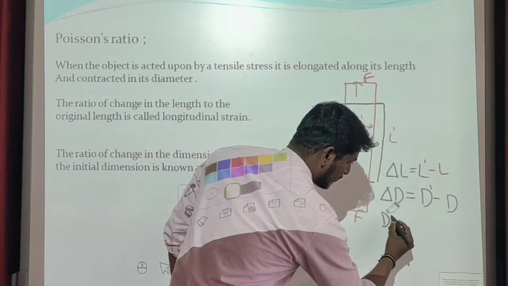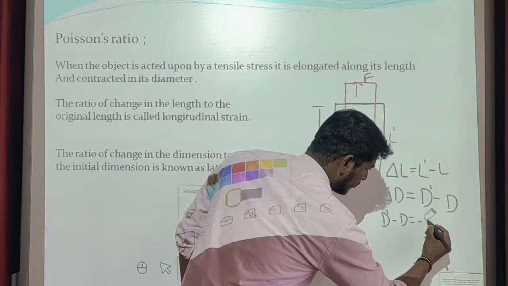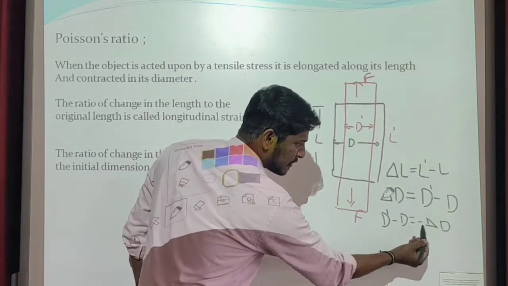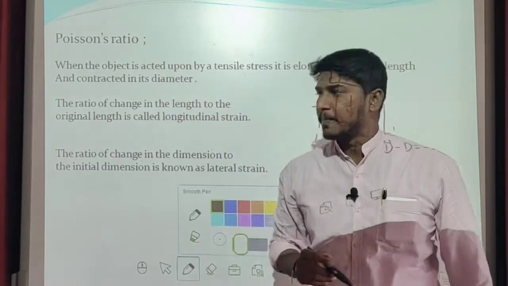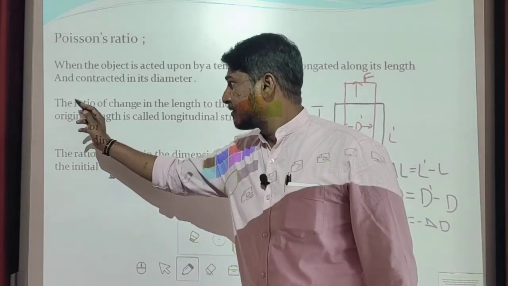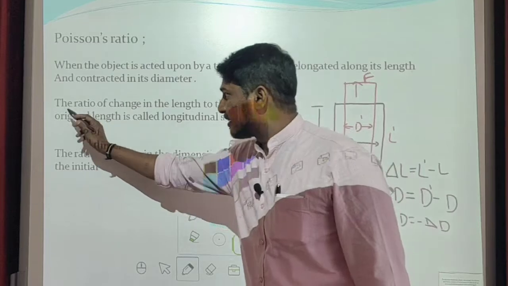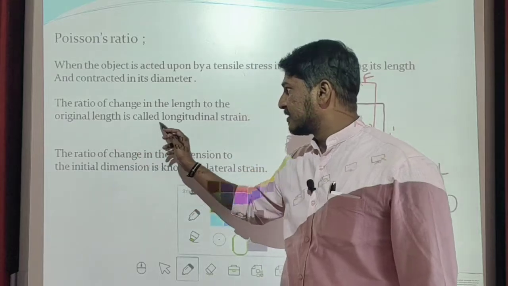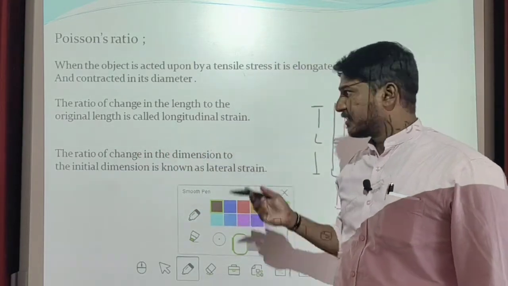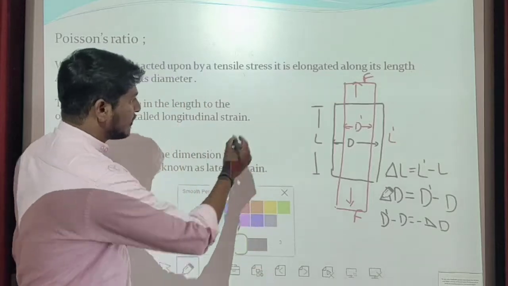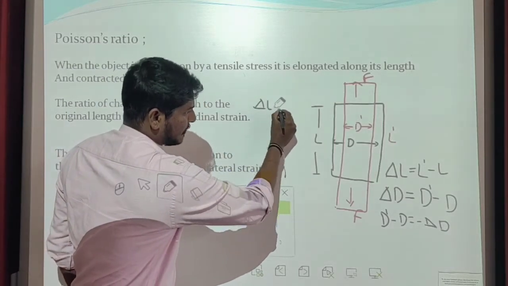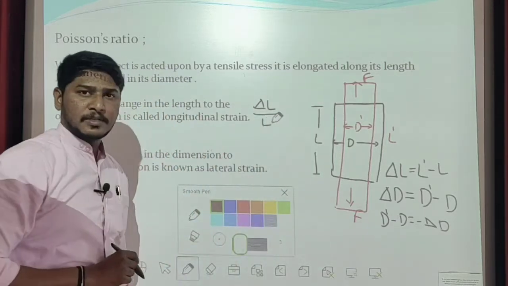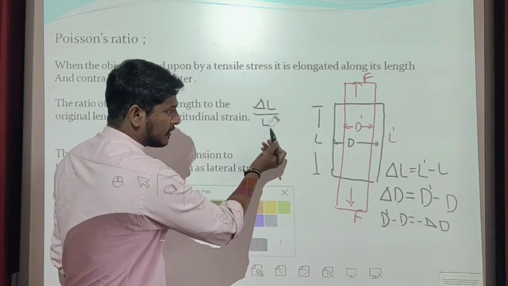So D dash minus D is equal to minus delta D, because the change in dimension value is negative. Here we define longitudinal strain: the ratio of change in length to the original length is called longitudinal strain. That is, change in length is delta L and original length is capital L.